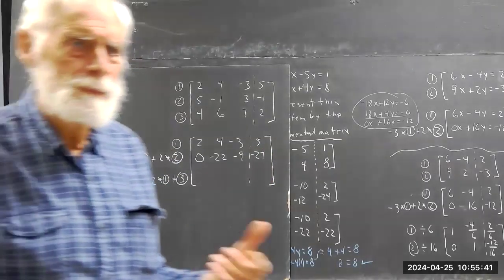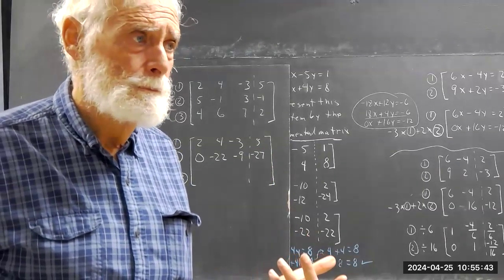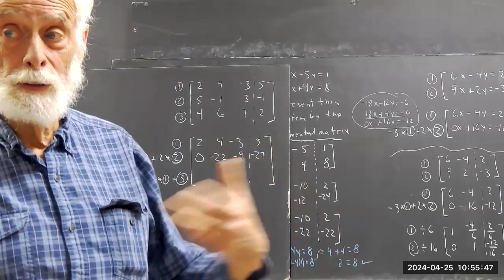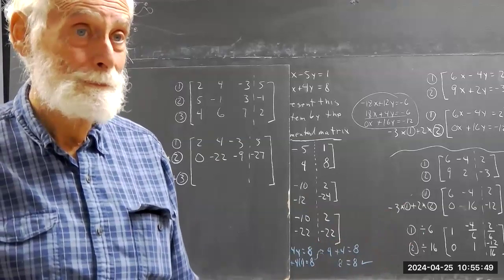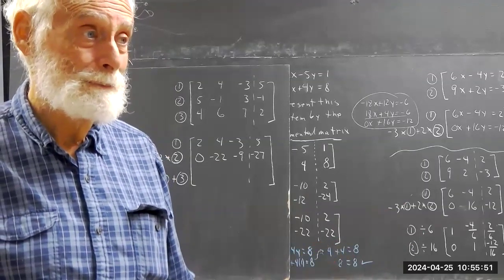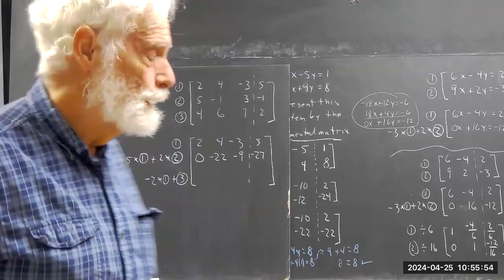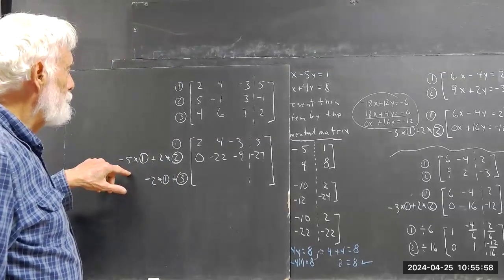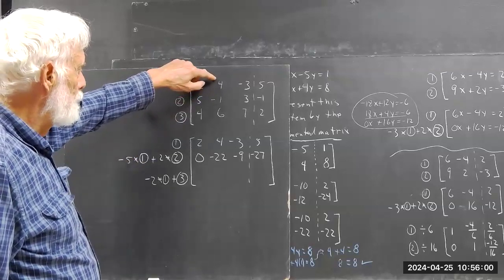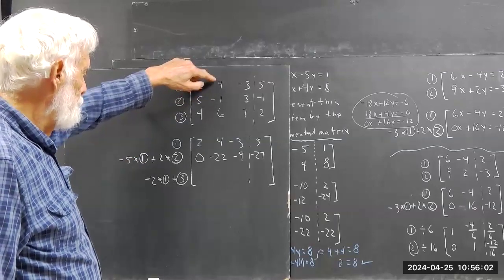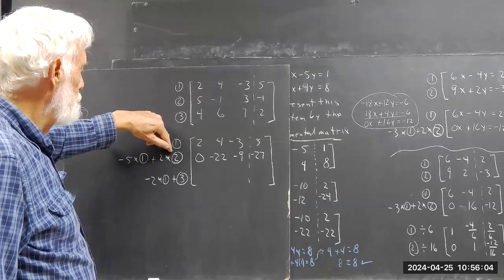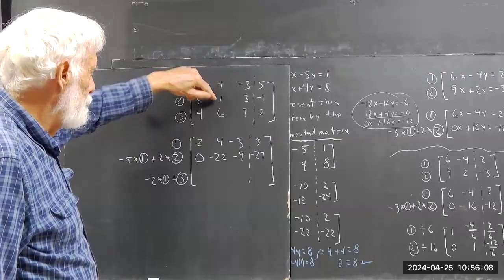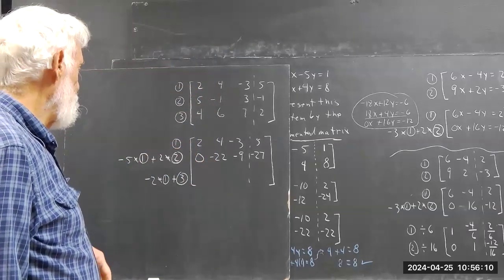Okay. Is that what you got? Say yes if you did, no if you didn't, because if you didn't, maybe I made the mistake. You did get that? Okay, let's look again. -5 times row one, -5 times 4 is definitely -20. 2 times row two is 2 times -1, which is -2, -20 and -2 is -22.